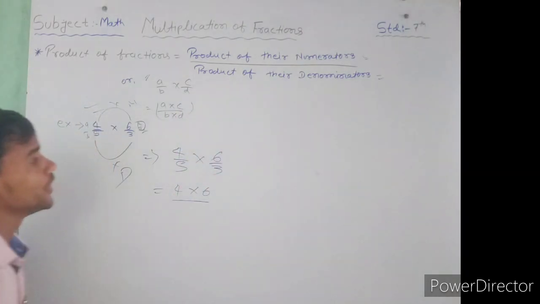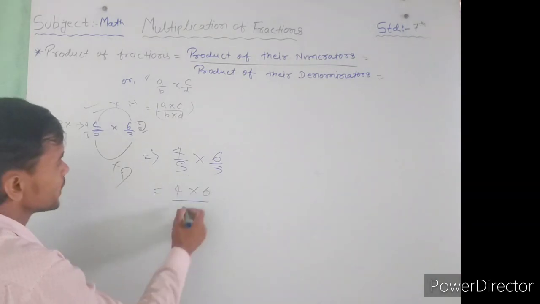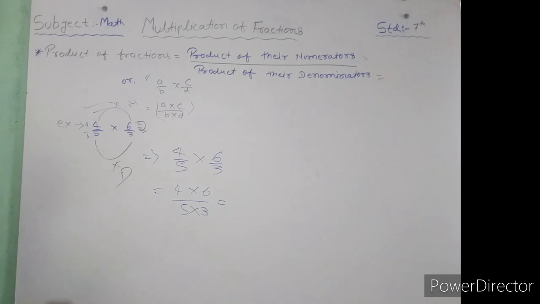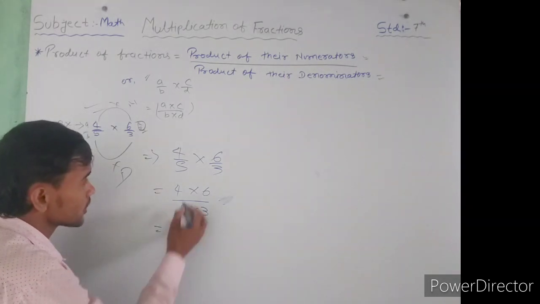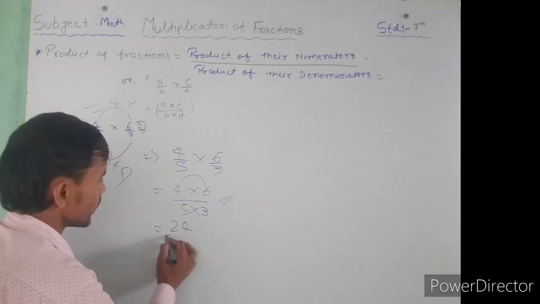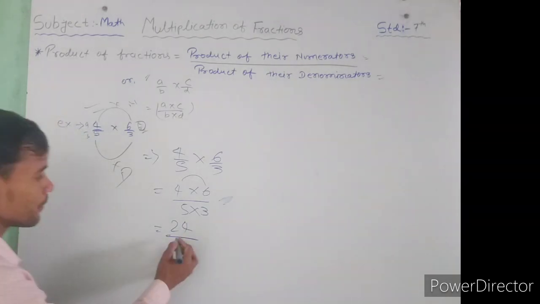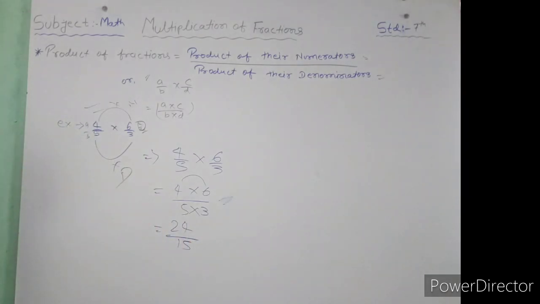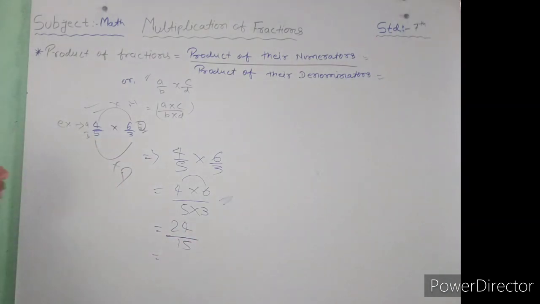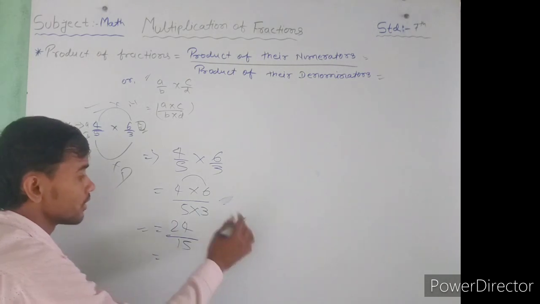And the product of denominators: 5 into 3. So 4 sixes are 24 and 5 threes are 15. If you want to cut it, you get your answer; if you leave it, that is also your answer.